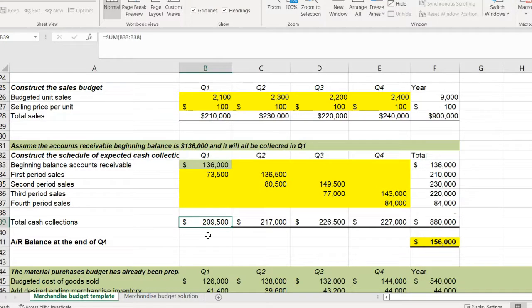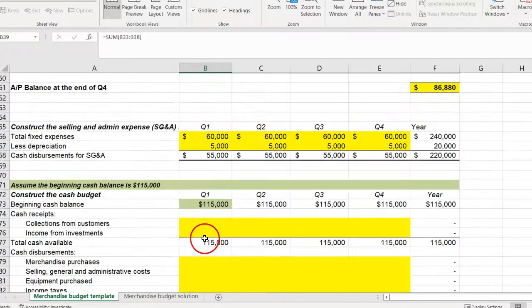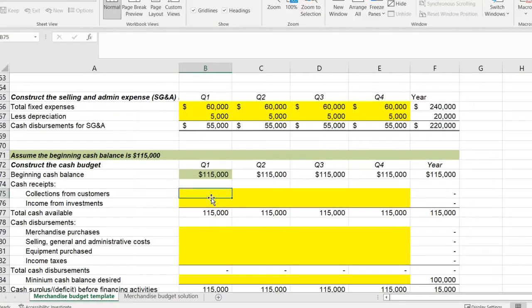So for quarter one, the incoming cash we have is $209,500. So we're going to scroll down and put that down there. And as I mentioned earlier, we didn't have any other income coming in. So we're just going to put a 0 there.